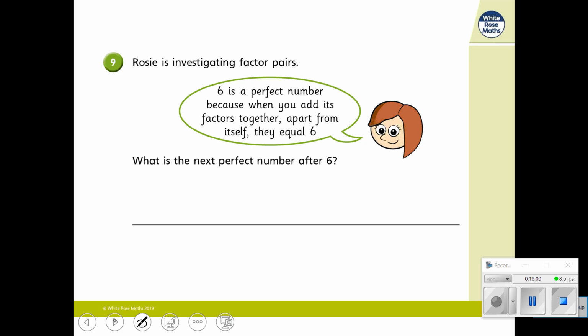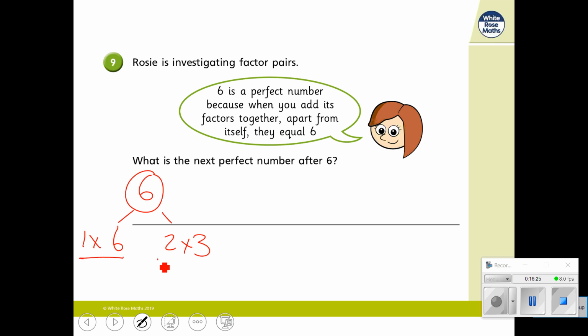So I'm just going to work out why 6 is called a perfect number. So 6 is a perfect number because all of its factors add up to 6 apart from itself. So here's 6. Let's find the factor pairs first. We've got 1 times 6 and 2 times 3.